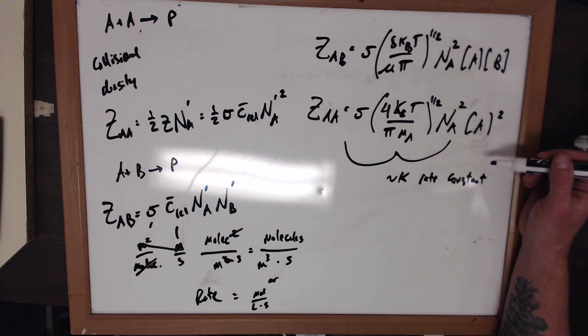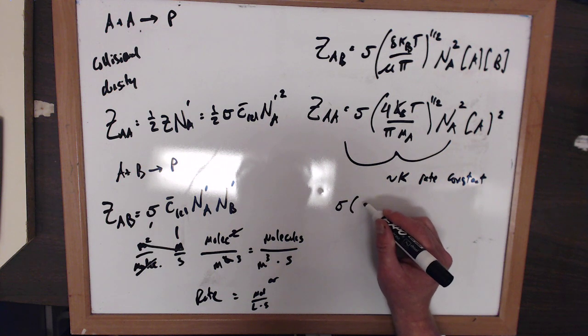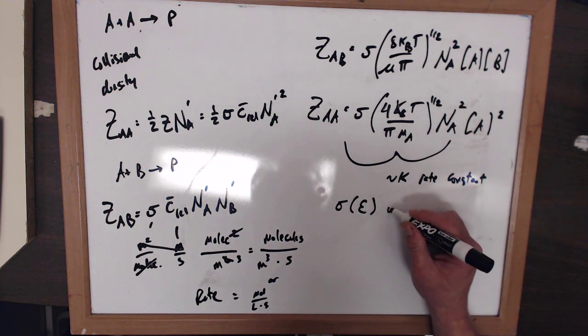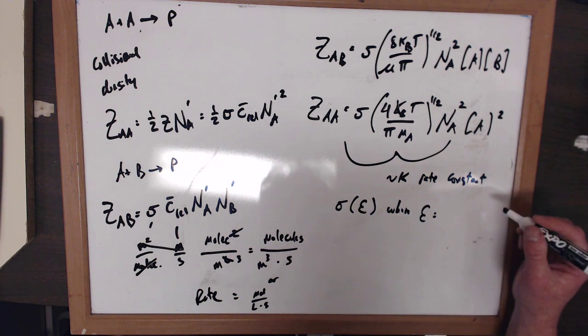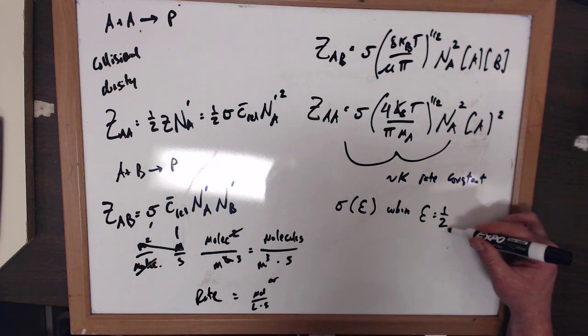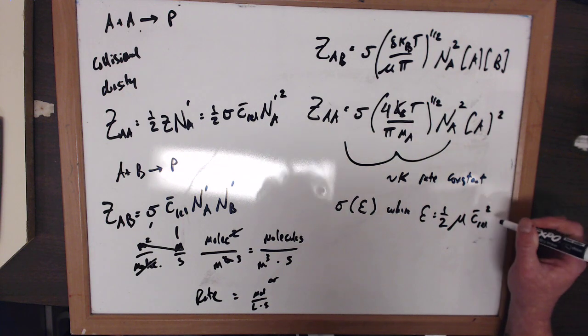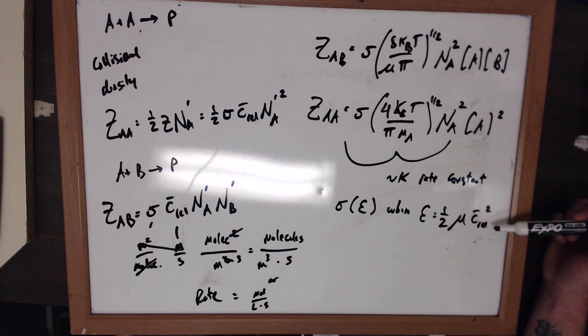And so if we want to refine these expressions a little bit better, we can now write sigma as a function of what I'll call eta, where eta is going to be defined as relative kinetic energy between the two pairs, which goes as 1/2 mu times c bar relative squared. So again, if this was just the absolute kinetic energy, it'd be 1/2 mv squared, right?